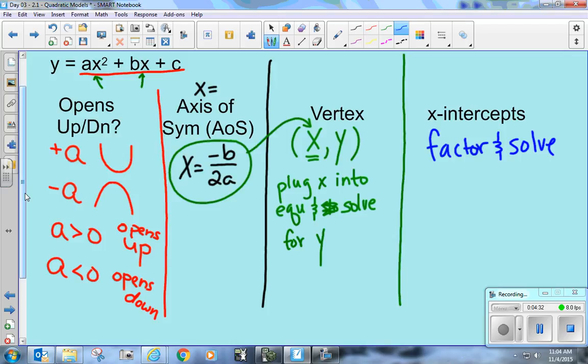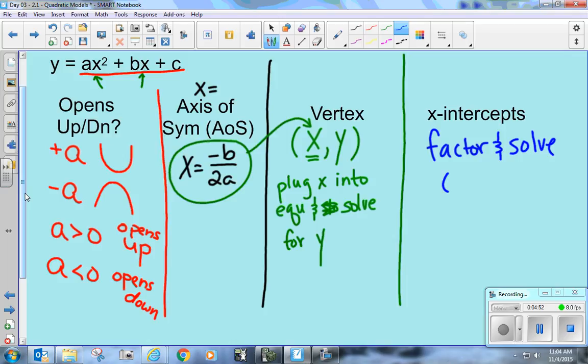Alright, sometimes you can't factor it. If I can't factor it, so first of all, I can't find two numbers that multiply to be the last number and add to the middle, then I can try slip and slide, right? If I can't do slip and slide, then I have to do the quadratic formula. So I'd say factor and solve first.